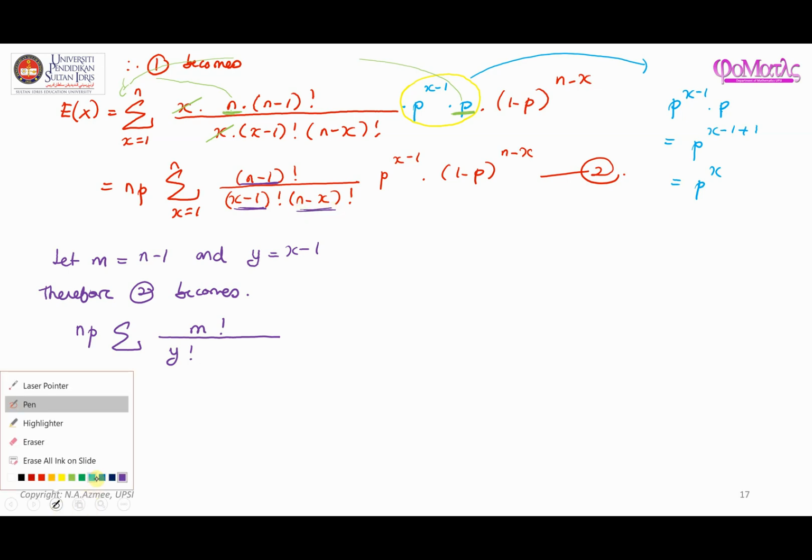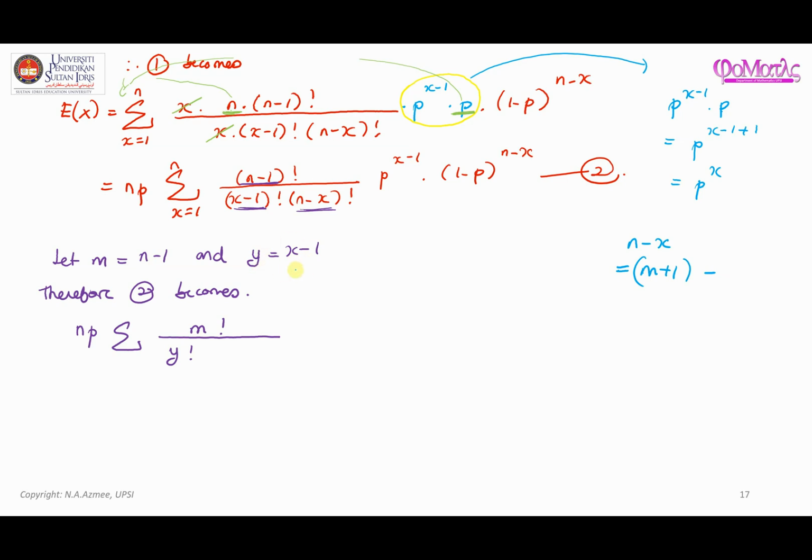So n minus x, what is n? Based on this equation here, we can say that n is equal to m plus 1. So here we got m plus 1 minus x, which is going to be equal to y plus 1, and by doing this process you end up with m minus y.